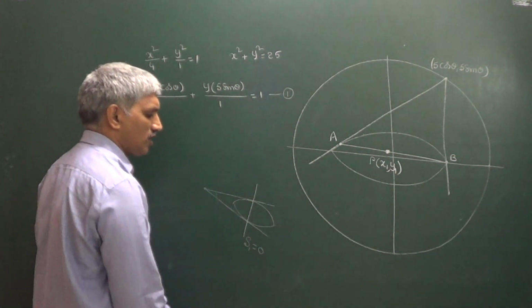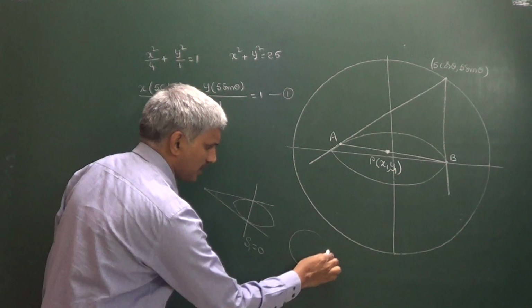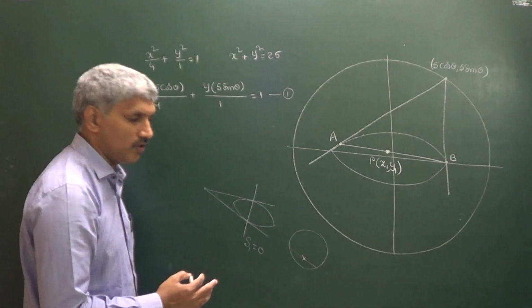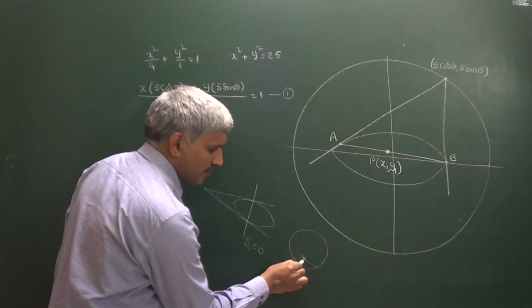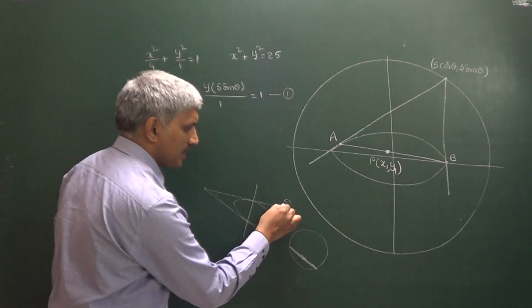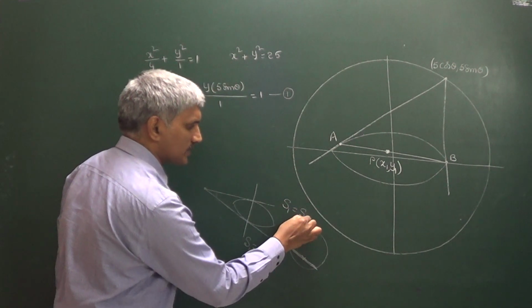Then what is the equation of the chord? For a circle, an ellipse, a parabola, a hyperbola, any case, if x1 y1 is the midpoint, then the equation of this chord is given by S1 equals S11.